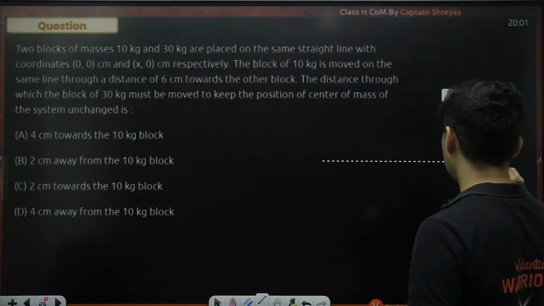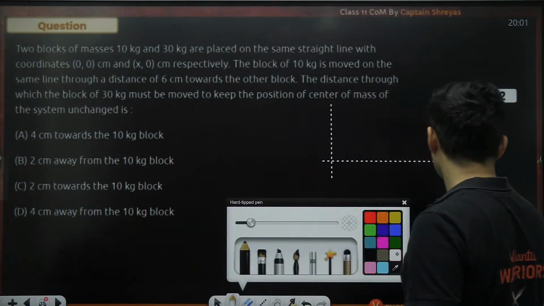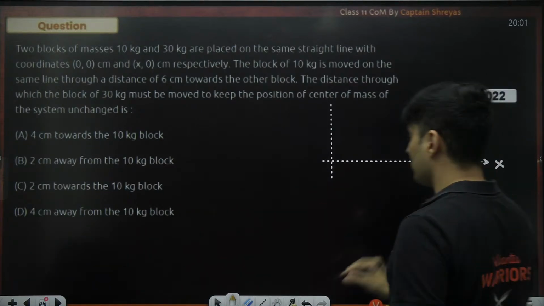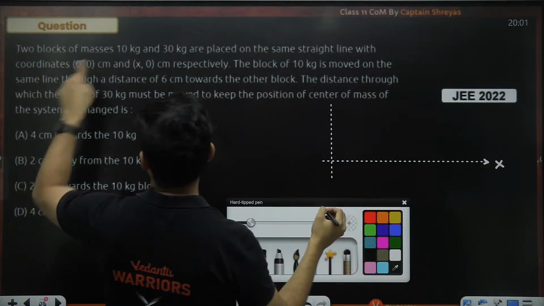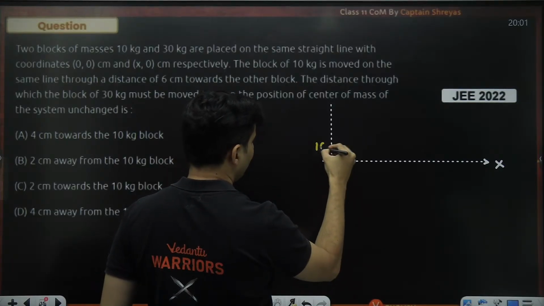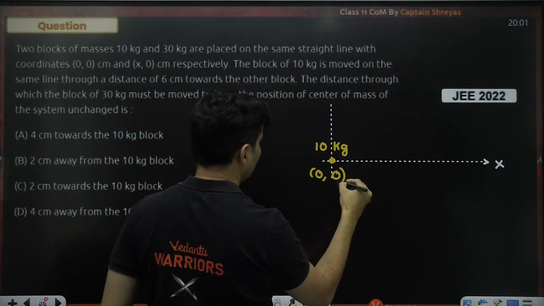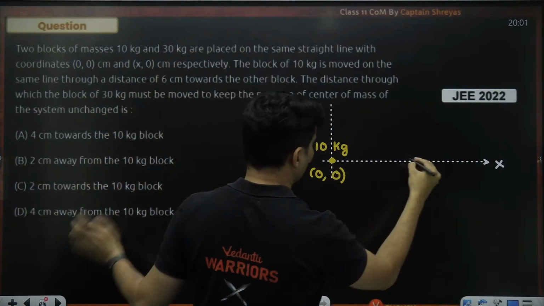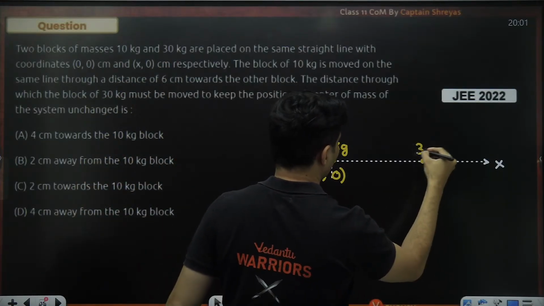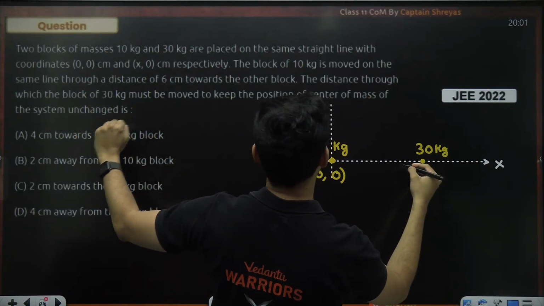This is our coordinate axis. This is y, this is x. My first mass of 10 kg is at 0, 0. The second mass of 30 kg is at x, 0.